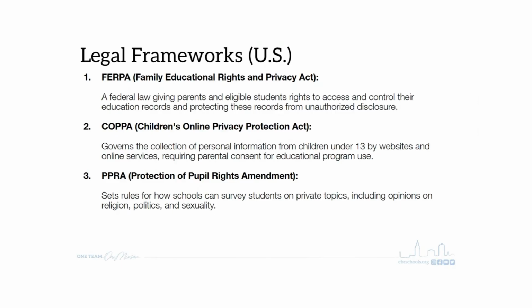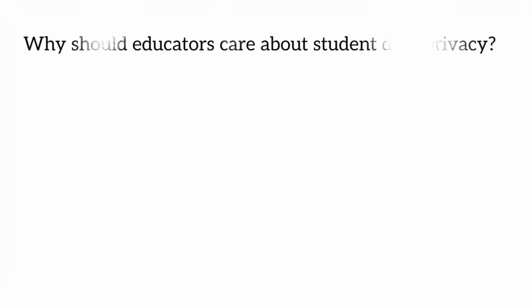It governs the collection of personal information from children under 13 by websites and online services, requiring parents' consent for educational program use. And the third we're going to discuss is PPRA, or Protection of Pupil Rights Amendment. It sets rules for how schools can survey students on private topics, including opinions on religion, politics, and sexuality.